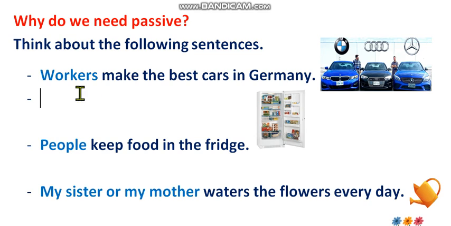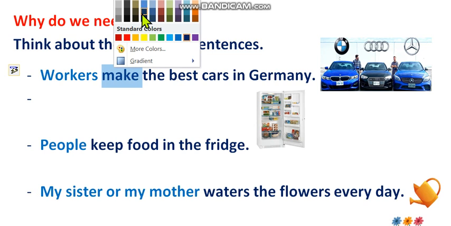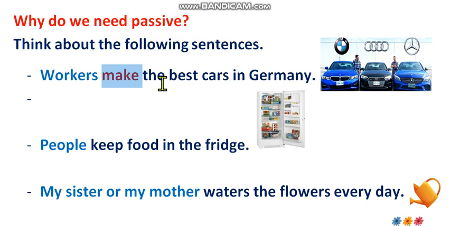Workers make the best cars in Germany. The most important thing is that we define which one is the object. Make, that is the verb. The best cars, that's the object that we need to start with. In Germany, that's a place in the sentence. We don't need to start with this.